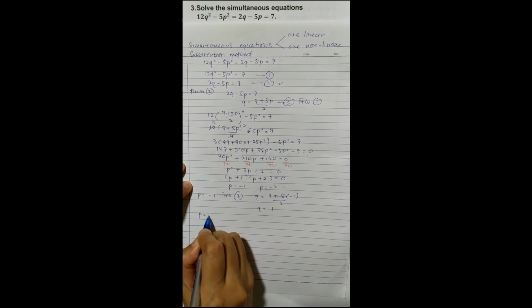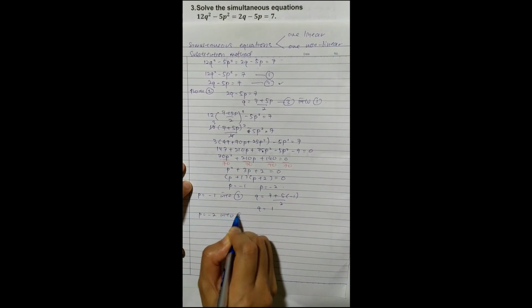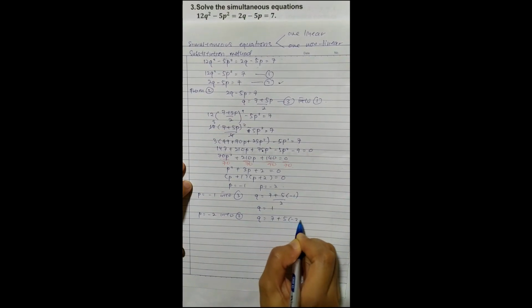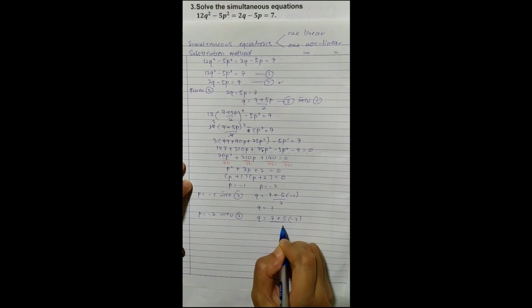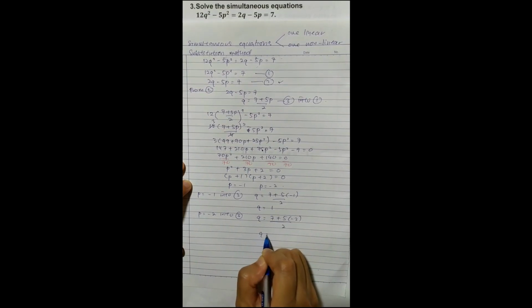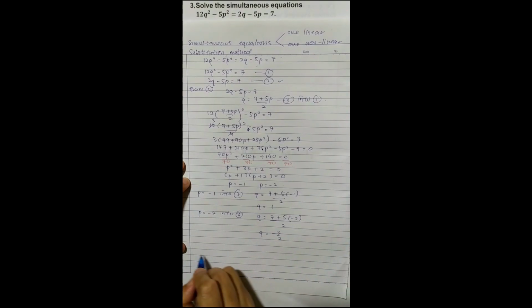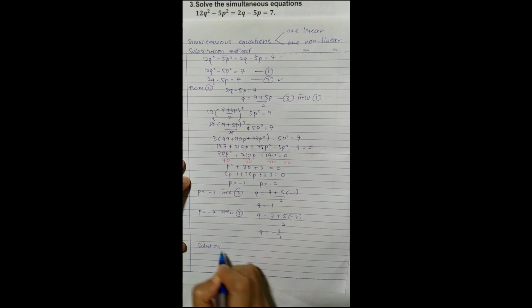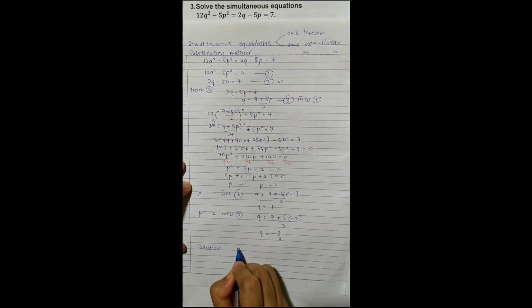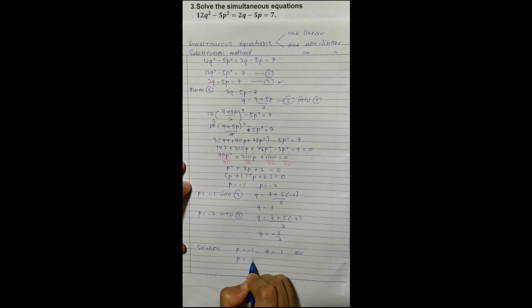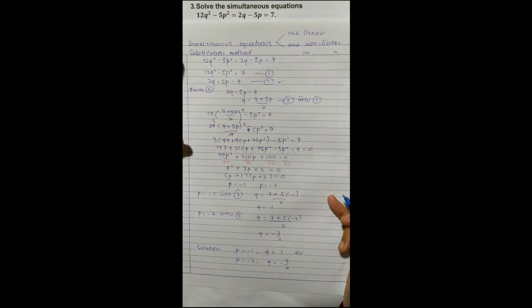When p equals negative 2 into 3, q is 7 plus 5 times negative 2 over 2, so q equals negative 3 over 2. So the solution is p equals negative 1, q equals 1, or p equals negative 2, q equals negative 3/2. Okay, done.